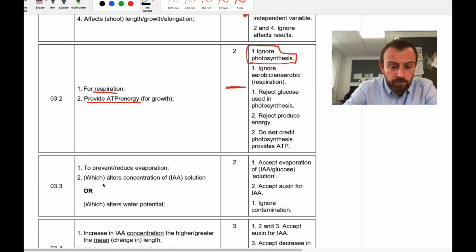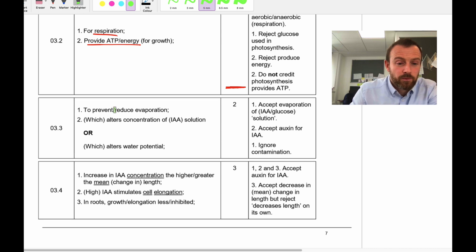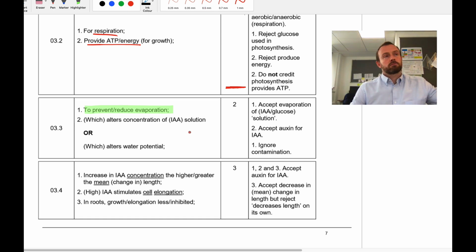Mark scheme. Okay, I'd get 1 mark for that. So to prevent or reduce evaporation, this would kill the seedlings, to be honest, after 5 days. But this question is wanting you to focus on the concentration of auxin itself. So when water would be evaporating, the liquid would be concentrating.